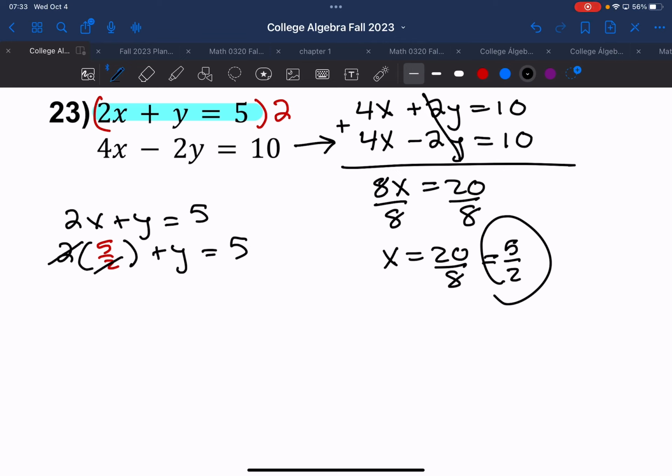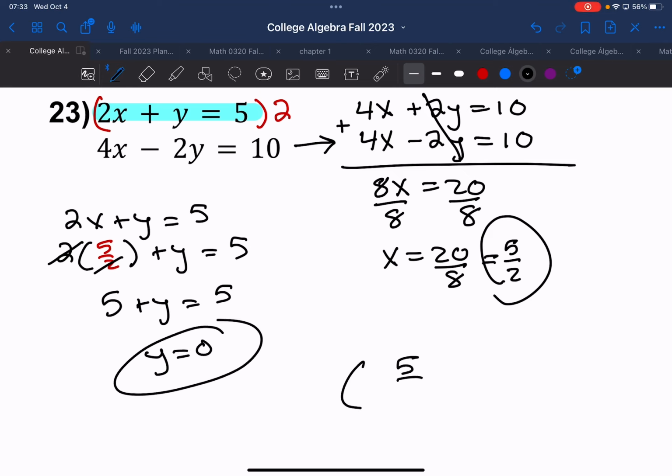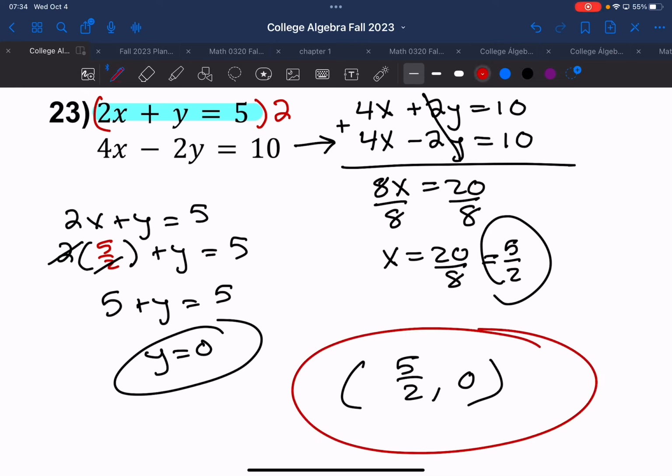Good, because those cancel. So we have 5 plus y equals 5. That means my y value is going to be 0. So y equals 0. Again, see that this was the problem we did above, but we did the other method. So either method, including the graphing method, is always going to give you the same answer.